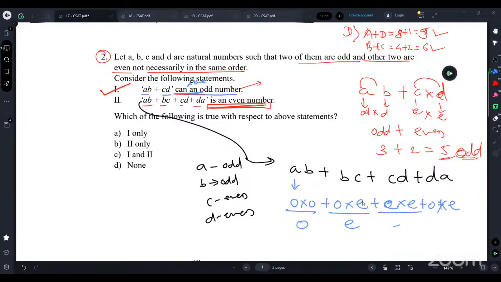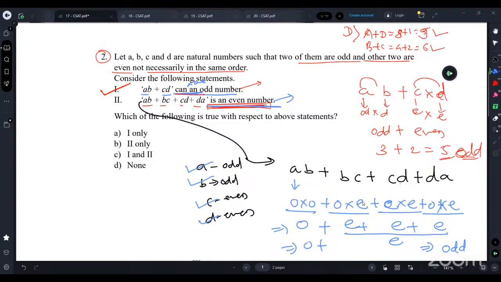Even into even will always give you an even number. And odd into even will give you again an even number. So you are having 3 even numbers and 1 odd number. Even plus even plus even will always give you an even number, and if you add odd plus even, it will give you an odd number. So if I consider A as odd, B as odd, and C and D as even, this statement is not correct. But this statement should be always true, according to the level of certainty it is talking about, right?